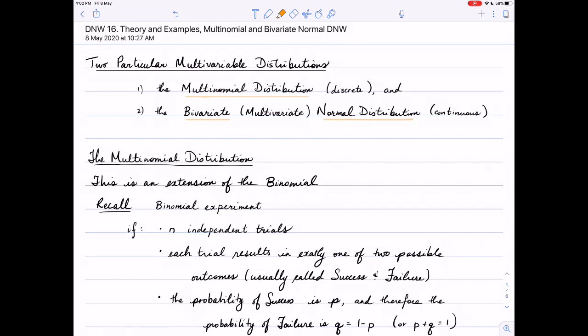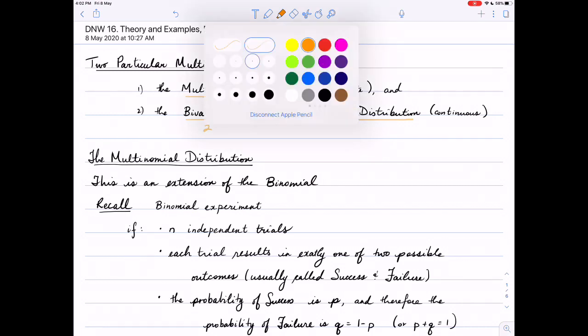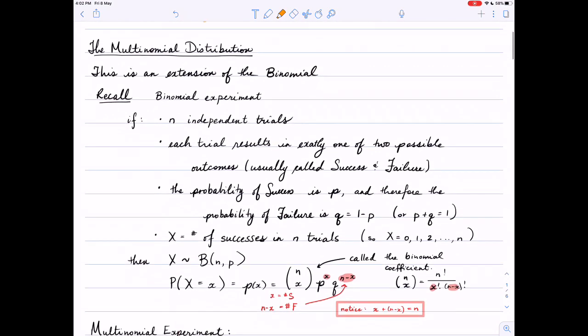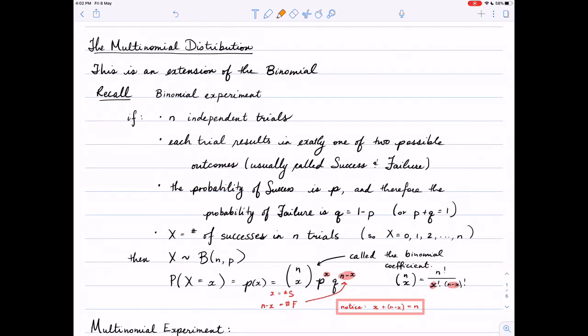And I'll just say a quick word about the multivariate. So two variables versus more than two variables. We're going to really look at the two variable case as far as the normal distribution goes. So let's start with the multinomial distribution. And as I said, this is an extension of the binomial.